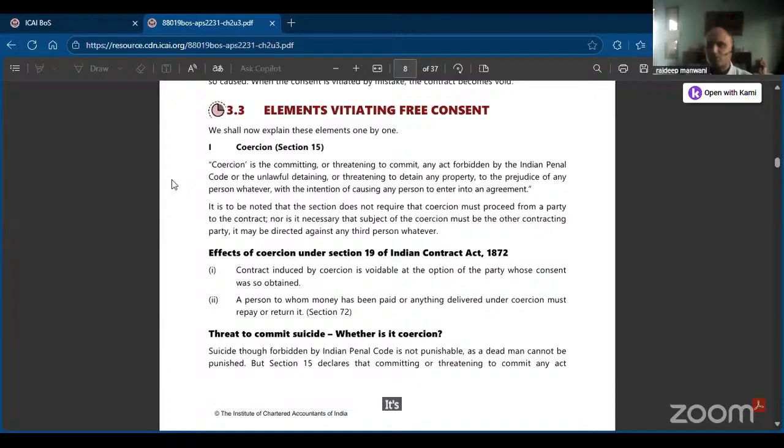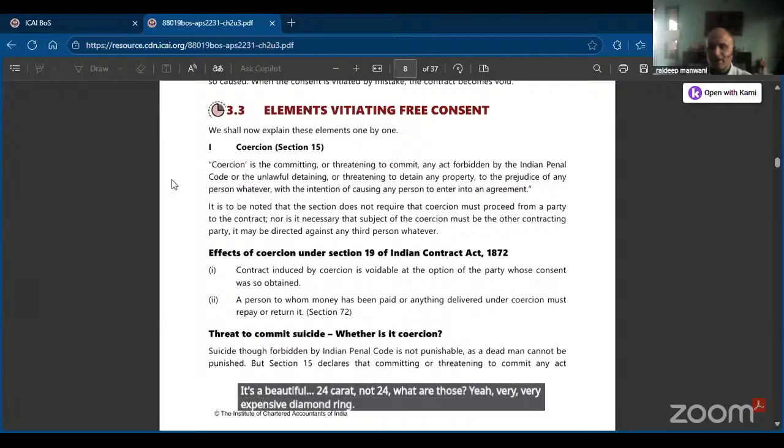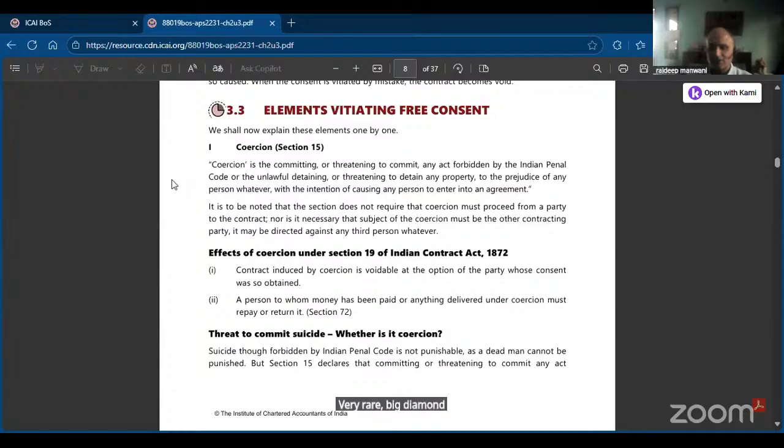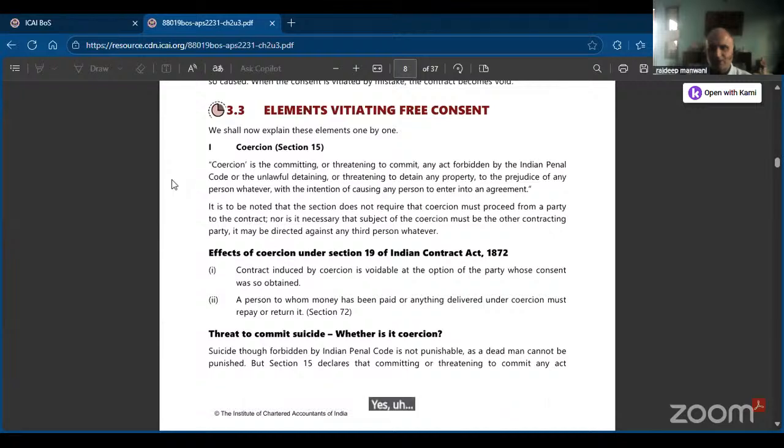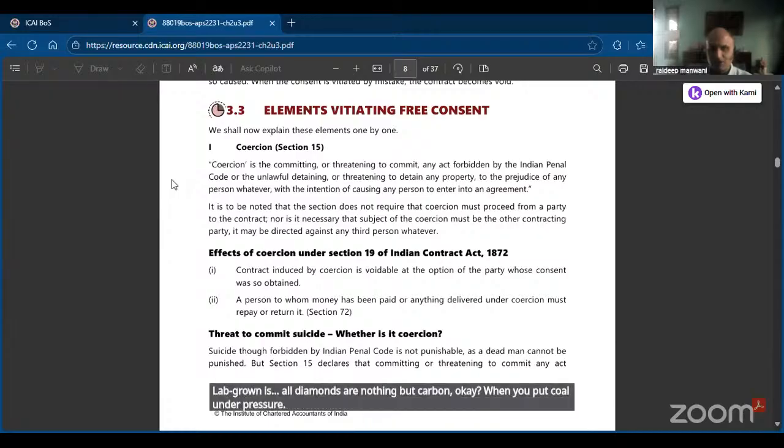Yeah, a very, very expensive diamond ring. Very rare, big diamond. Not the lab grown diamond. This is an original diamond. You know, there is something called lab grown diamonds and original diamonds. All diamonds are nothing but carbon. When you put coal under pressure, charcoal is also carbon.